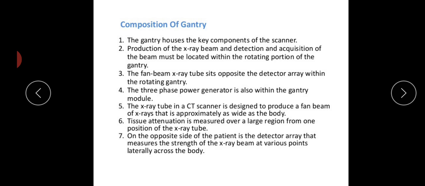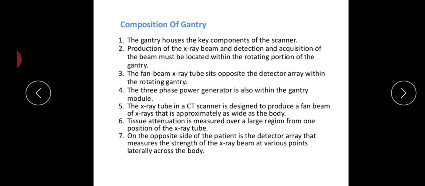Production of the X-ray beam and detection and acquisition of the beam must be located within the rotating portion of the gantry. The fan beam X-ray tube sits opposite to the detector array within the rotating gantry. The three-phase power generator is also within the gantry module.